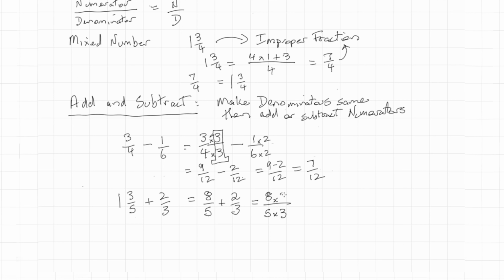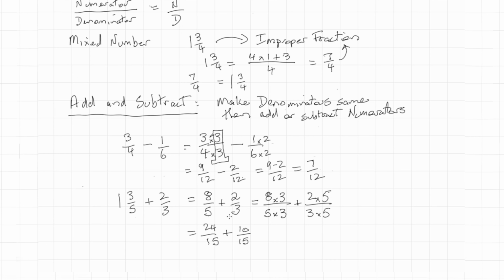Whatever we multiply the bottom by, we multiply the top, plus 2 over 3. We've got to make this into 15, so we've got to multiply by 5 here and do the same with the numerator. So 3 8s are 24 over 5 3s are 15. 2 5s are 10 over 15.